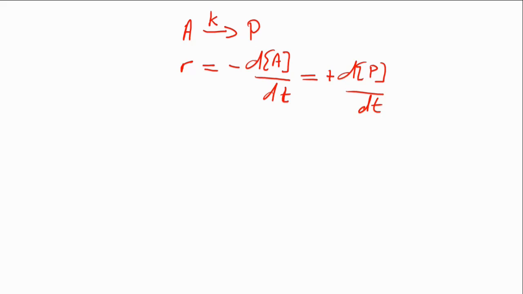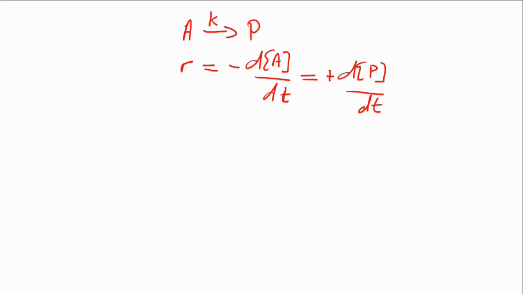So rate is given by a decrease in the concentration of the reactant over time, or an increase in the concentration of product with time. And so this is how the rate is considered for a chemical process.